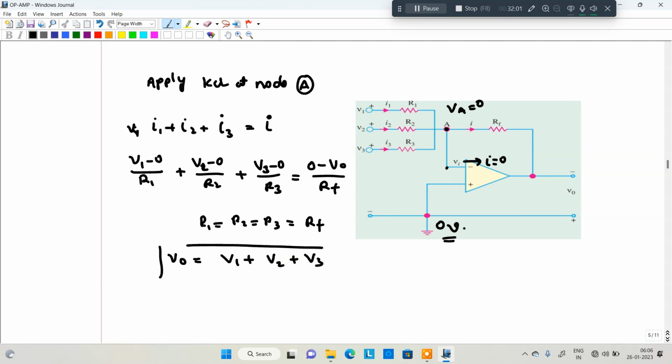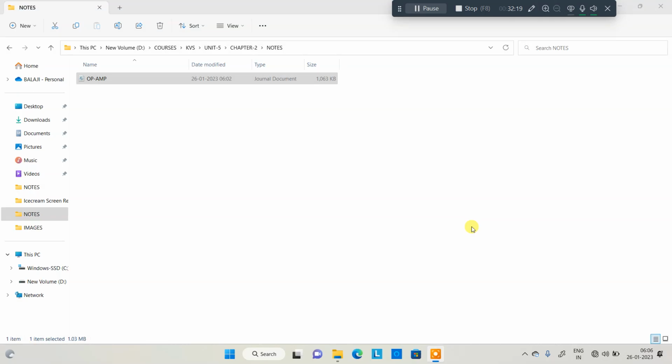That means the output voltage is the sum of the input voltages. Otherwise, in general, Rf, R1, R2, R3 are not equal. The output voltage is equal to 1 by R1 into V1 plus.